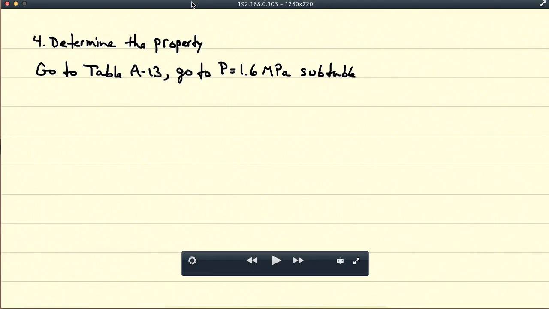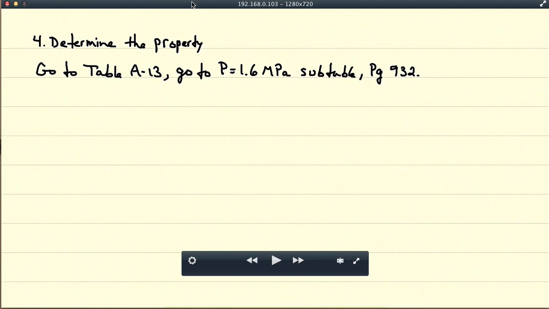In your textbook, that should correspond to page 932. If you're using a different book than the one prescribed by the class, it might be a different page number. If not, just find the pressure equals 1.6 megapascal subtable in table A13. And what does that look like?